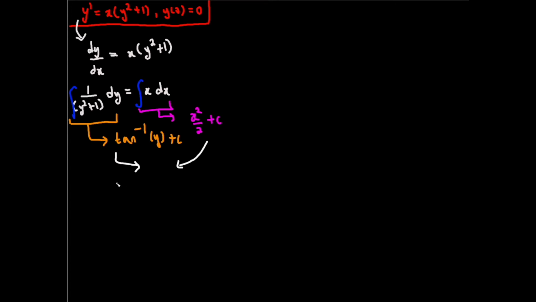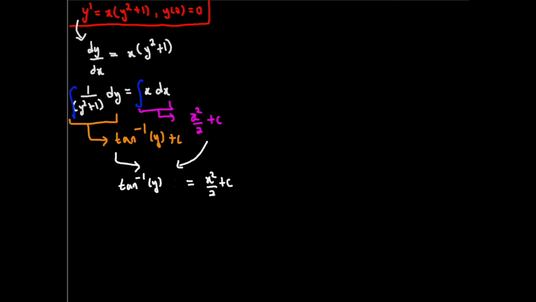So finally we can bring both of these together to get the tan inverse of y plus c equals x squared over 2 plus c. Okay, now we can get rid of one of these c's, because c plus c is just c, since these are arbitrary constants.